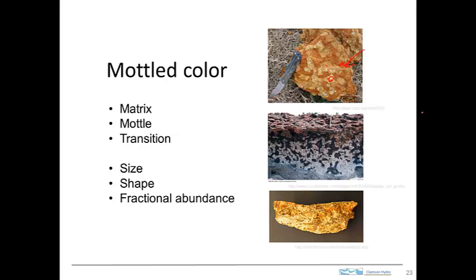Okay, so what we would do then is describe these colors of the mottles using the Munsell description, and we can get the nomenclature for the matrix, the mottle, and the transition. And then when we're describing the mottles, we also want to describe the size and the shape of these splotches, as well as their fractional abundance. So these will be descriptors that will be in addition to the color.